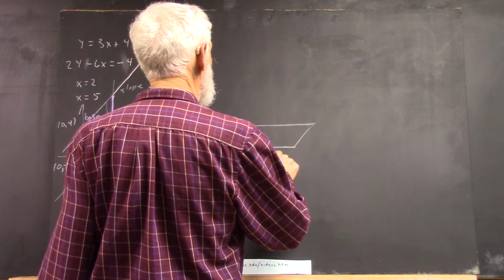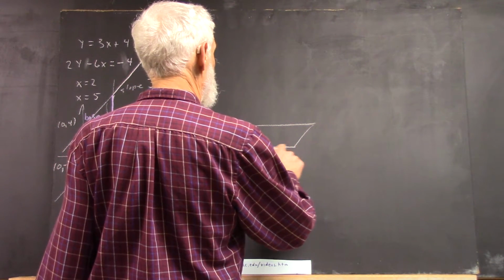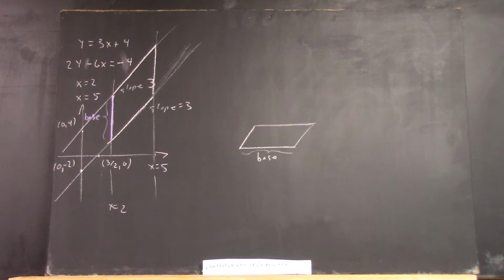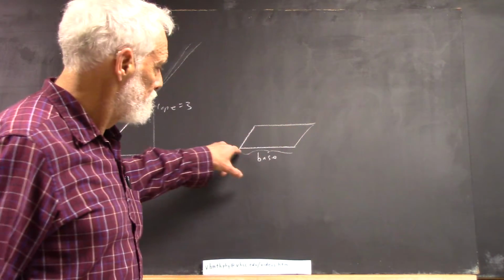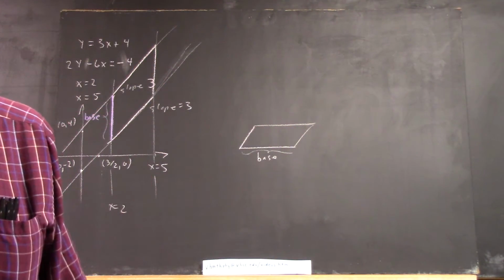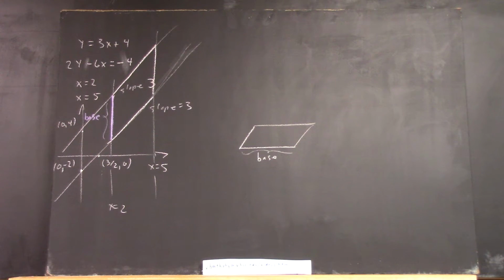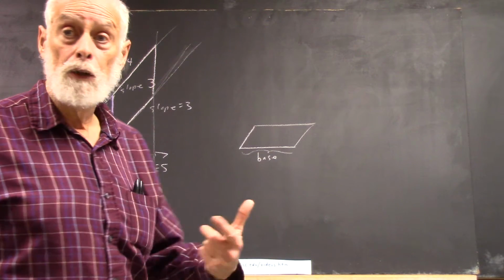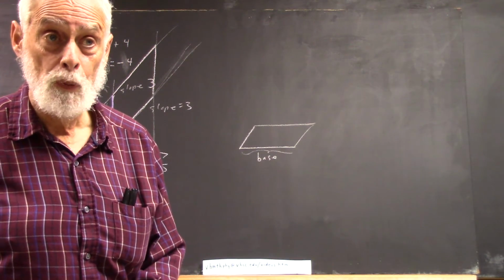Now we could use either side for the base. It wouldn't matter. Now, if I had this cut out of a piece of paper, and gave you a pair of scissors, could you make one cut in this thing and reassemble it to make a rectangle? Where would you cut it?